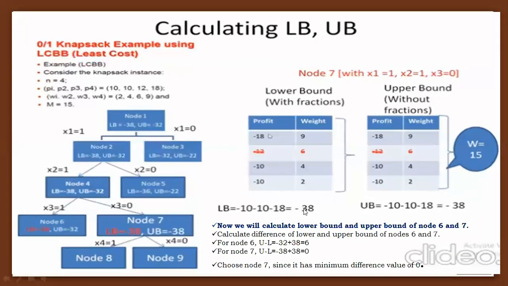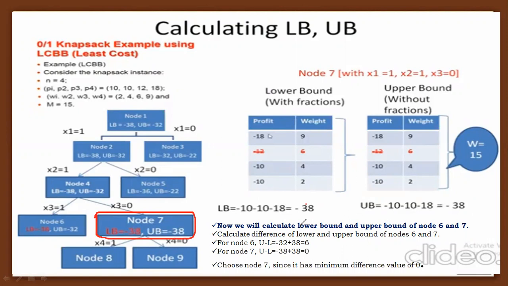Now, if you consider node 7, clearly observe here: the lower bound is minus 38 and the upper bound is minus 38. In this case, both lower bound and upper bound have the same value.